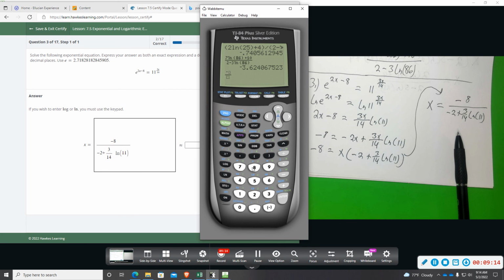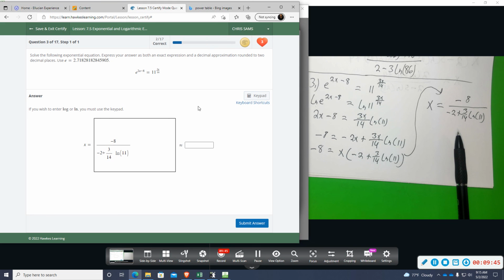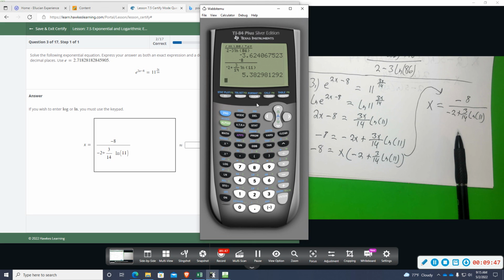And then we'll do negative 8 on top, negative 2 plus, and then I'll do a fraction again, alpha y equal, enter, 3 over 14 ln of 11. And we get 5.382, still the 2 decimal places, so it'll be 5.38.